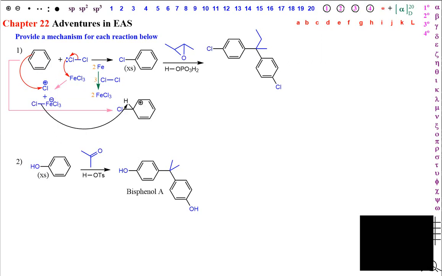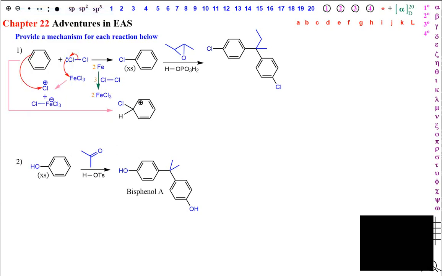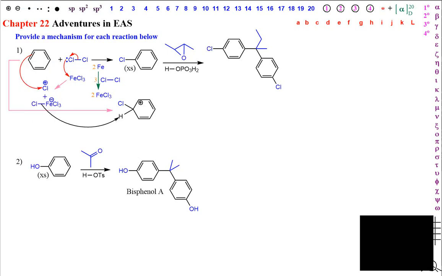Chloride comes, grabs that H. Don't like how that looks. Did a quick switcheroo on the position of the chlorine and the hydrogen just so these arrows look a little cleaner. And better fix the angles. And we get a pi bond here, generating our final product.